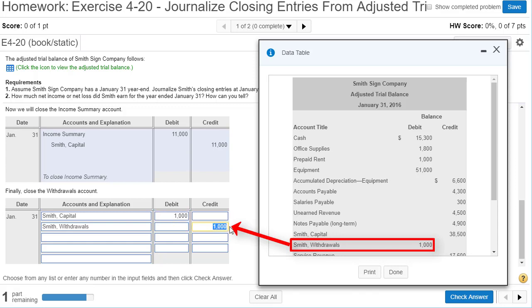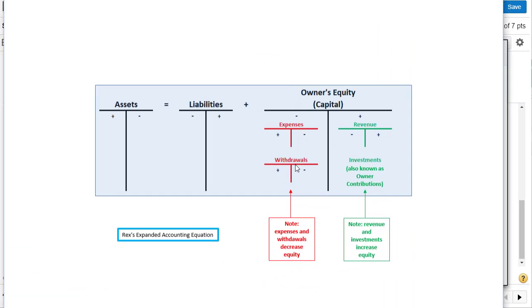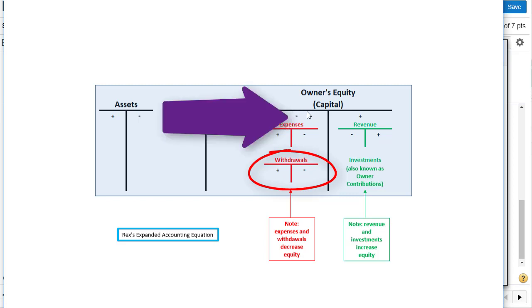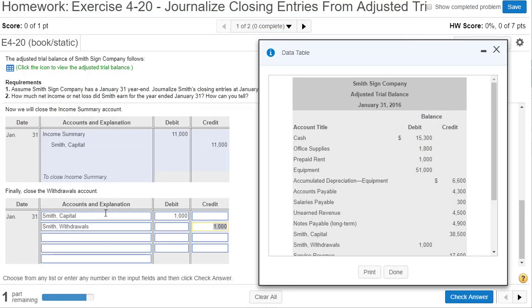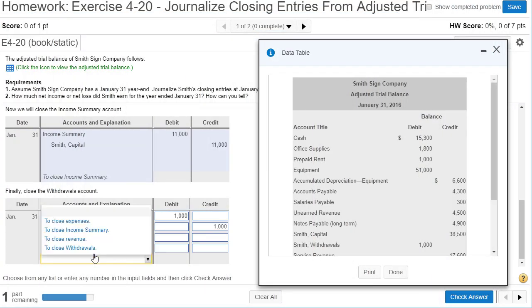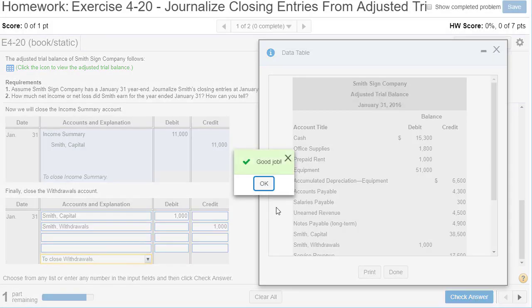If we close withdrawals with a credit, then the other account has to be a debit. The other reason we know it has to be a debit is because what do withdrawals do to capital? Do they increase capital or decrease capital? They decrease capital, and capital decreases on the left side. So that's another reason we know that we have to debit capital. So this is how we close withdrawals.